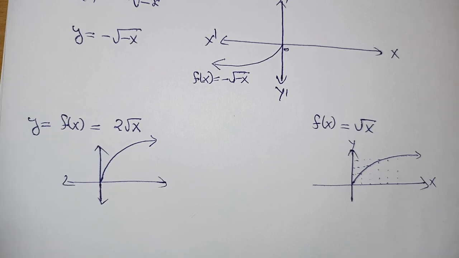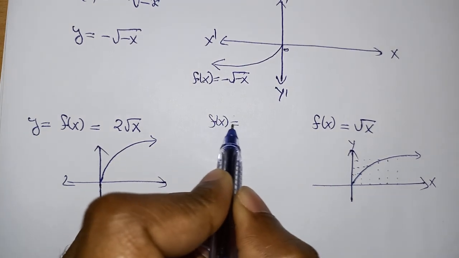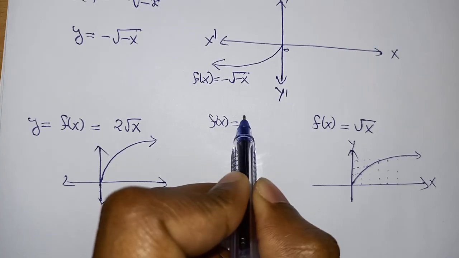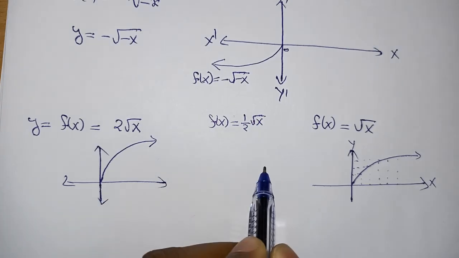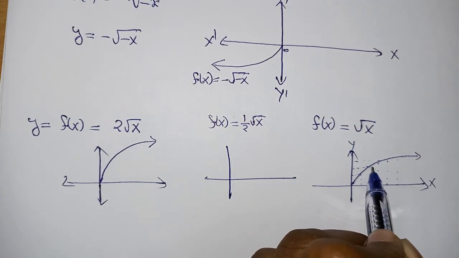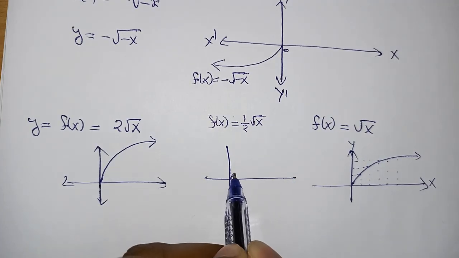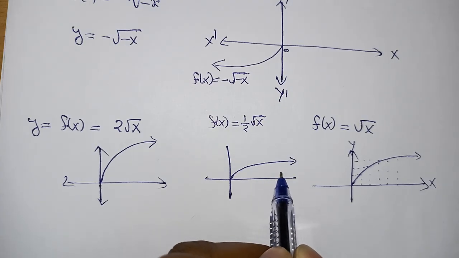And similarly, when you take f of x equals 1 by 2 times square root x, that means the graph will be like this, it will bend somehow like this, a little bit bent.